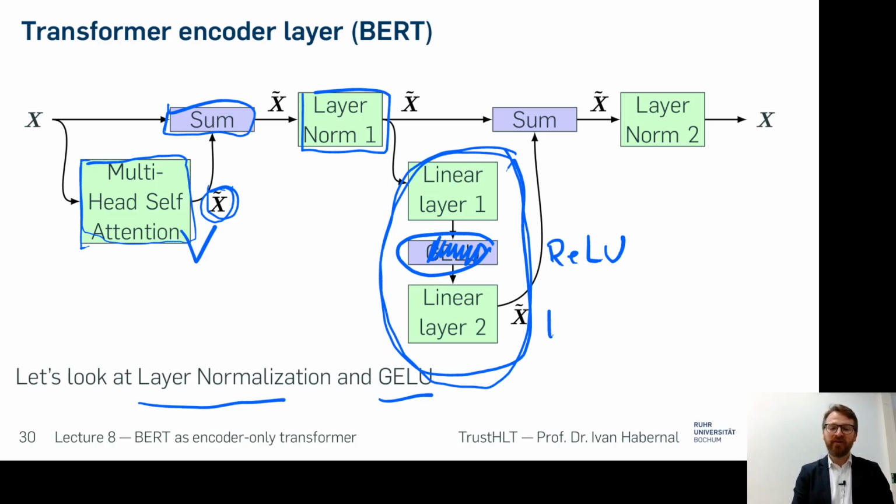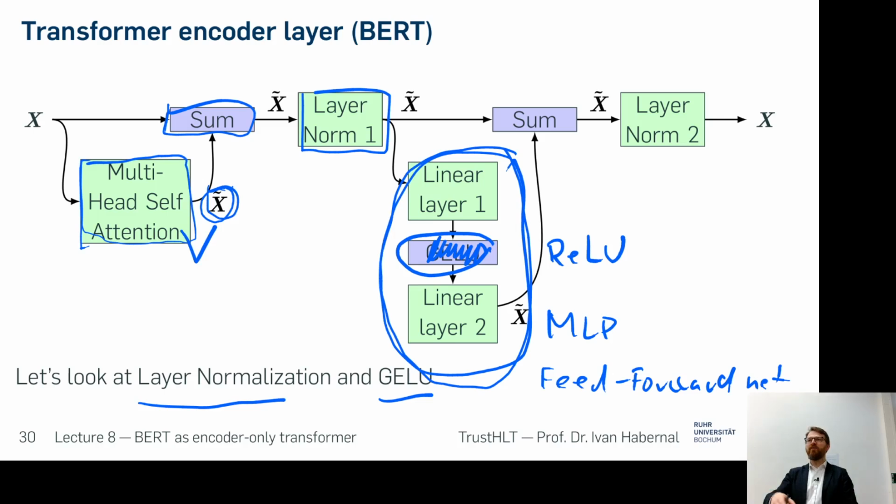Okay, so multi-layer perceptron or feed-forward network. Plain and simple feed-forward net. Take the input, multiply by a matrix, project to some other space, do some nonlinearity, ReLU, GELU, whatever, then do the projection again, and then you have some better representation. So multi-layer perceptron or feed-forward network, a basic building block of neural networks.